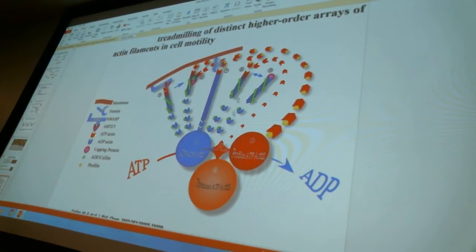So we can see a large number of actins in their ATP-bound state coming and joining this higher order structure, whereas at the same moment, a number of actins bound to ADP are leaving this structure. So this type of treadmilling helps the cell to be poised and ready to react to ever-changing conditions and requirements.